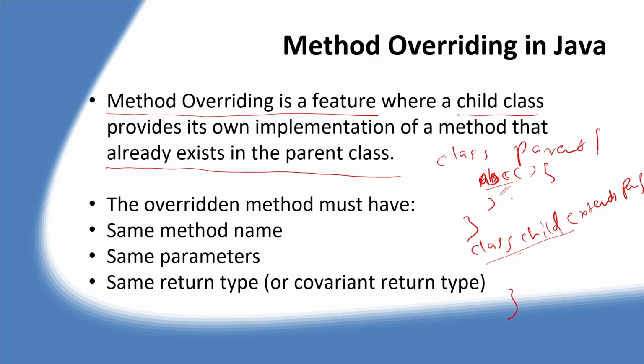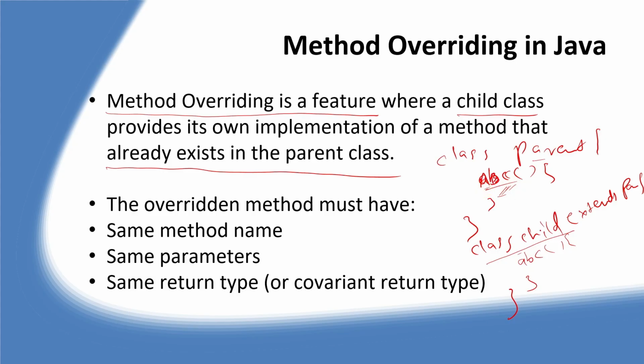The child class doesn't want to use the same method definition that is defined in the parent class. So what will the child class do? It will redefine this method in the child class.